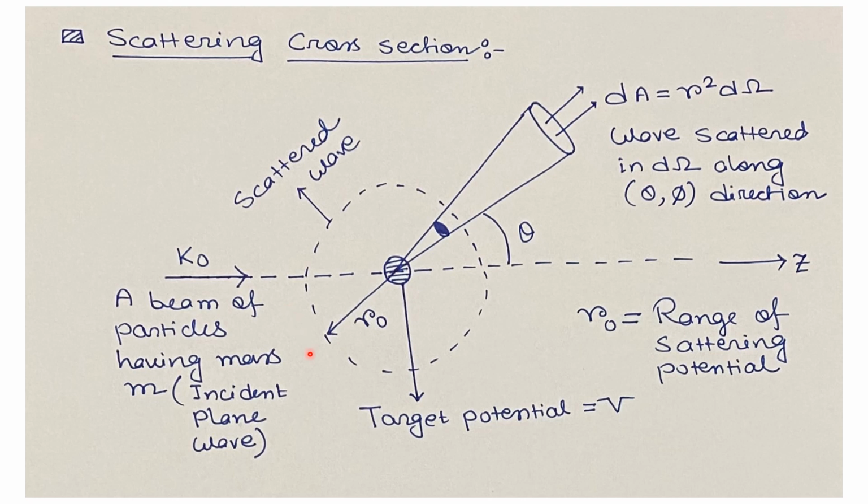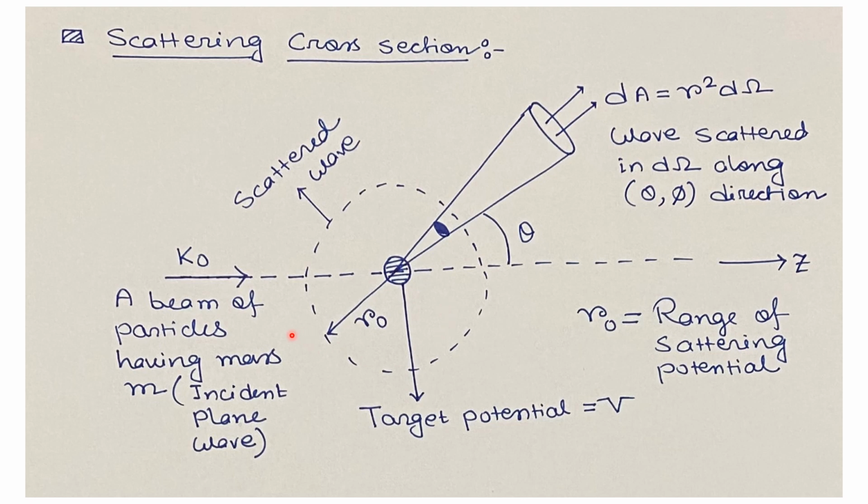So the particle wave will be an incident plane wave, and the plane wave will have a wave vector k0. Now the incident particles will be scattered by a scattering potential or target potential V. This target potential may come due to the target material kept at the origin or at the center.